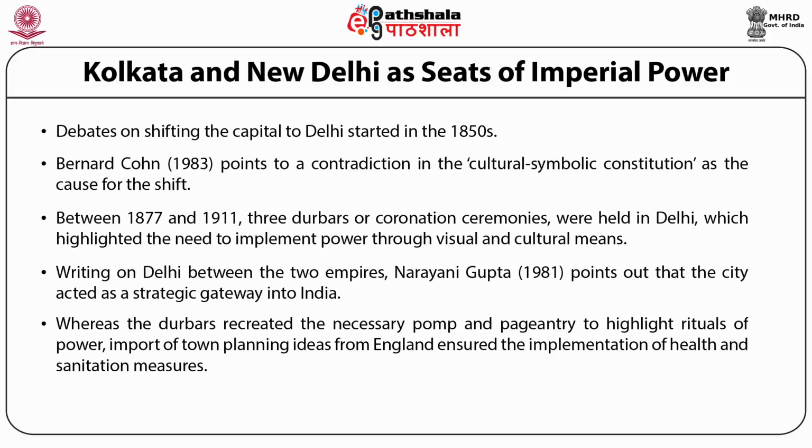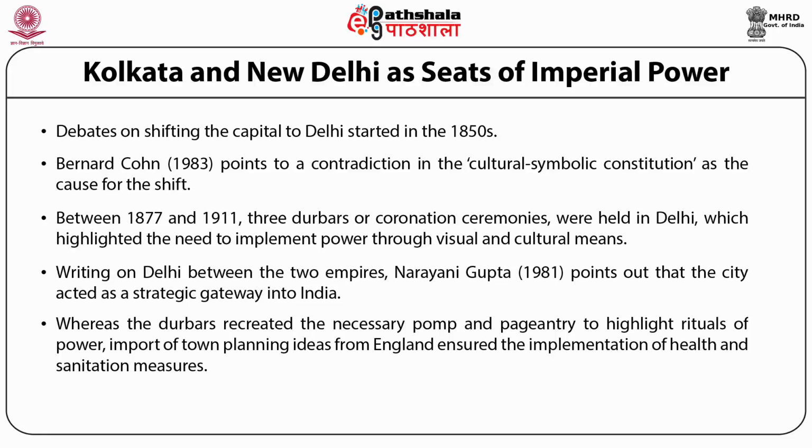Import of town planning ideas from England ensured the implementation of health and sanitation measures. As Irving comments, the enlightened planning and homogeneous clarity of New Delhi formed, to British eyes, a symbolic contrast with the heterogeneous confusion and narrow, twisted byways of the existing cities.